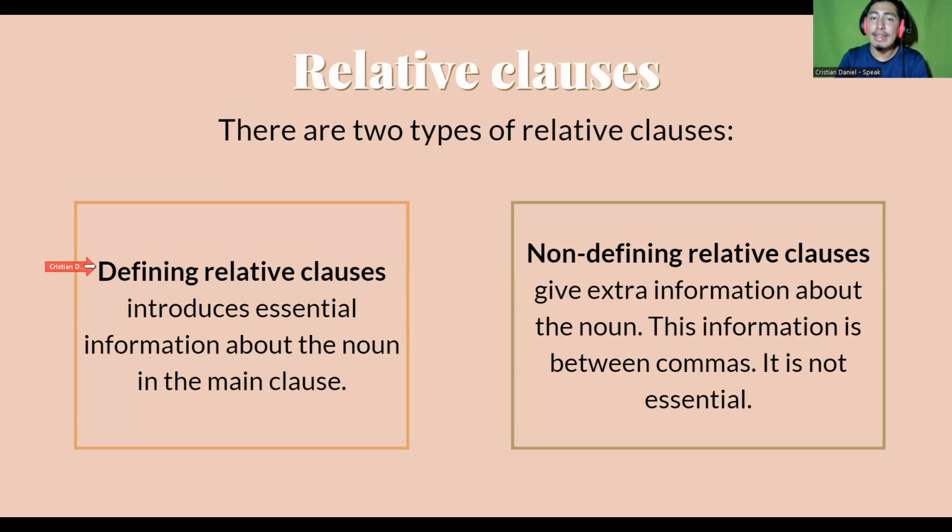And then we have the non-defining relative clauses. Also, I will read the definition some minutes later, okay? Because we will check the use of defining and non-defining relative clauses, okay? Everybody, please pay attention to this part and take notes.